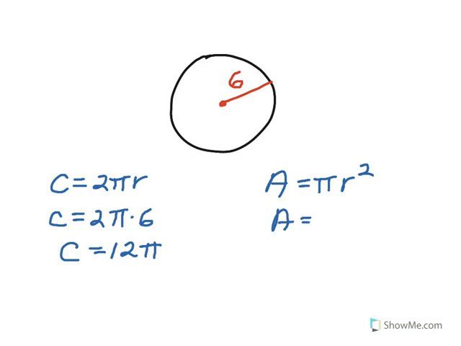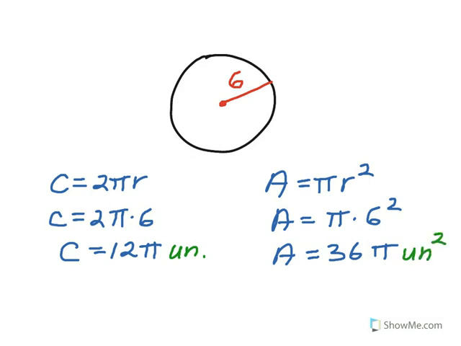So that's pi times 6 squared in this case, which is 36 pi. Just to be clear, the 12 pi, the circumference, is in linear units, so centimeters, meters, feet, and the 36 pi, the area, is in square units, so square centimeters, square feet, square inches, etc.